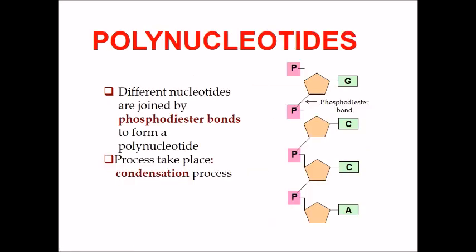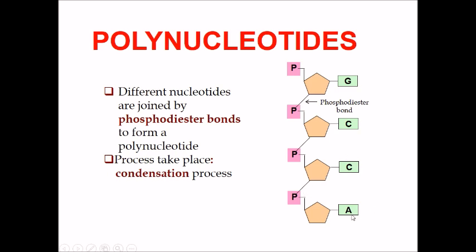And next, when we have a long chain of nucleotides, now it is called a polynucleotide, or the polymer of the nucleotides. Here one nucleotide attaches to the second nucleotide, and then the second nucleotide attaches to the third nucleotide, and then it will attach to the fourth nucleotide.